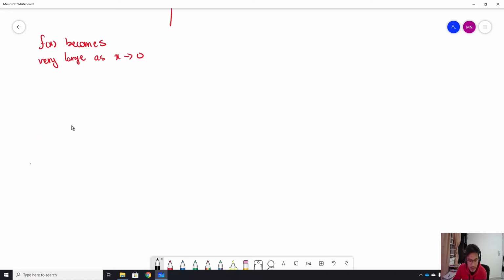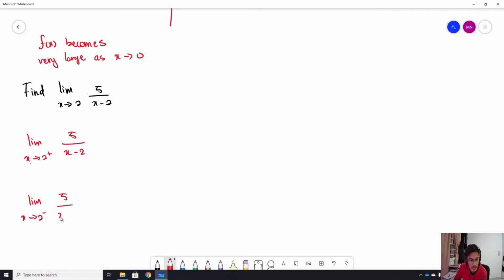Okay, we want to find the limit as x approaches 2 of 5 over x minus 2. We will try it on both sides. So the limit as x approaches 2 from the right side of 5 over x minus 2, and the limit as x approaches 2 from the left side of 5 over x minus 2.